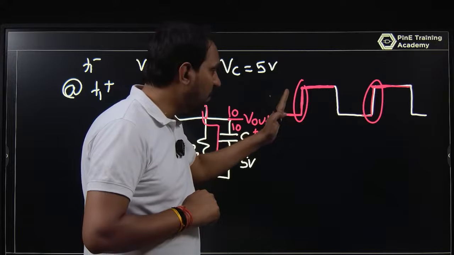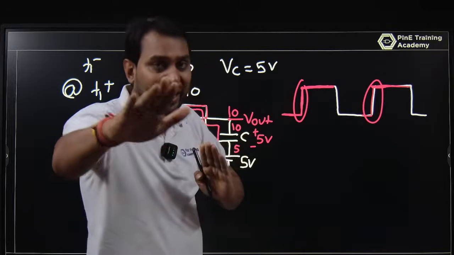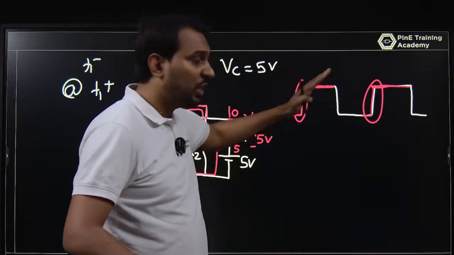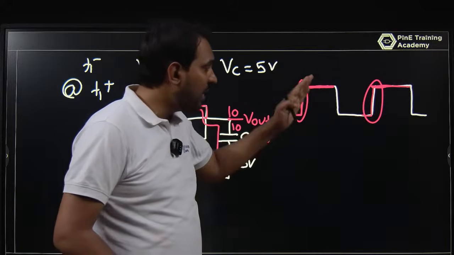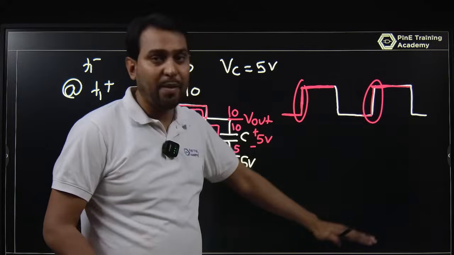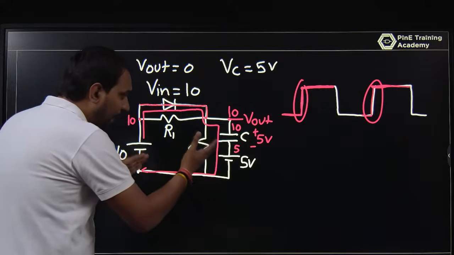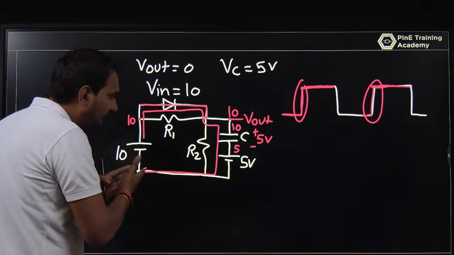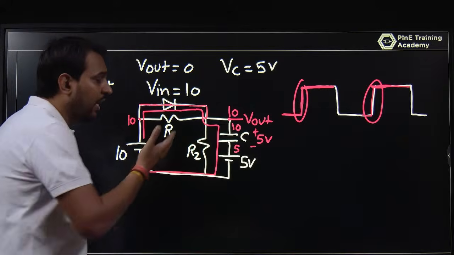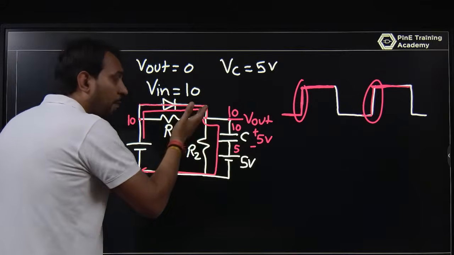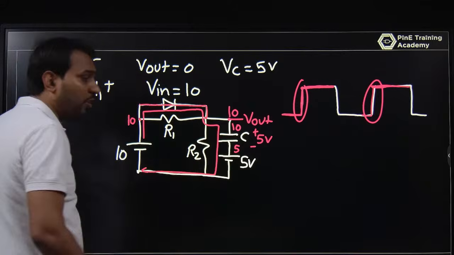So with the help of the diode, you provide the supply suddenly to the circuit. But once the supply is off, it will take time, because the input supply is off, this diode will be reverse bias. The capacitor is discharging, but it will discharge through R1, R2 and C.